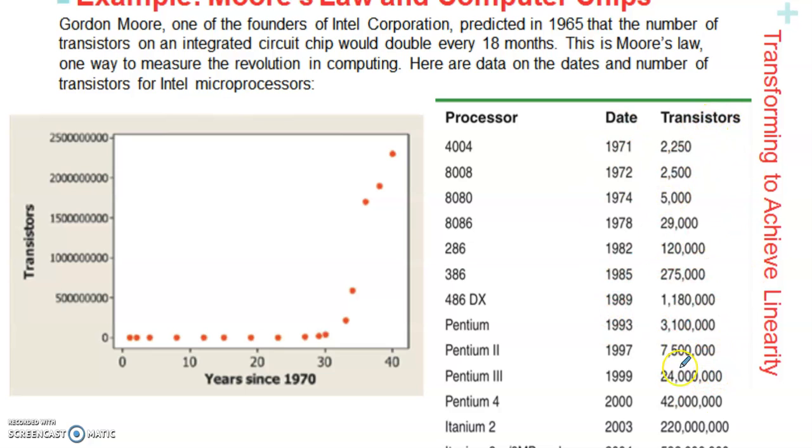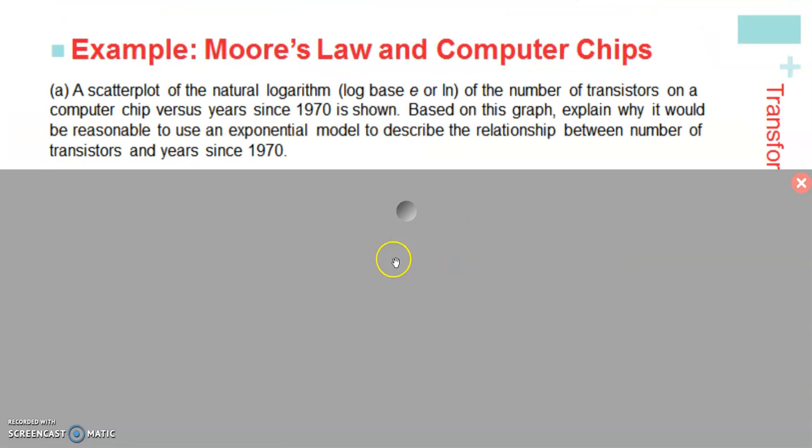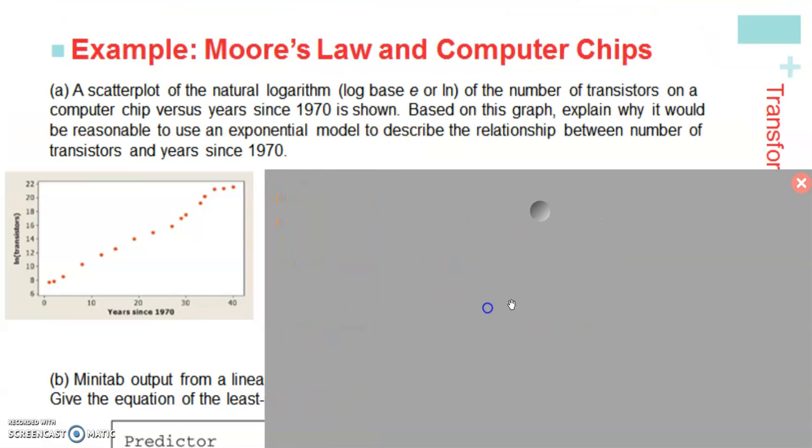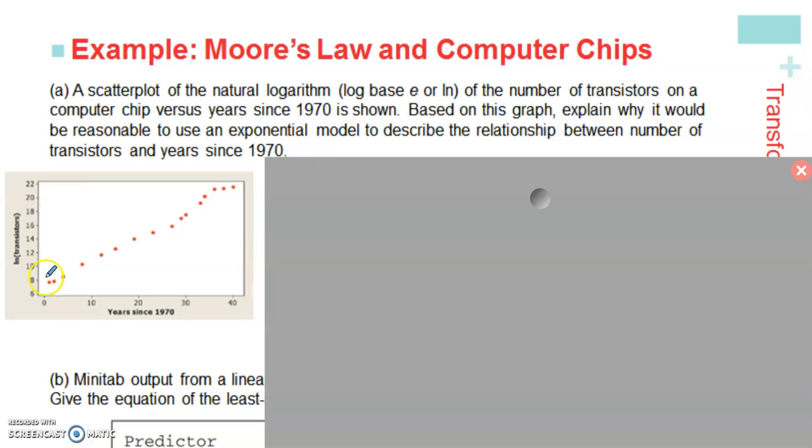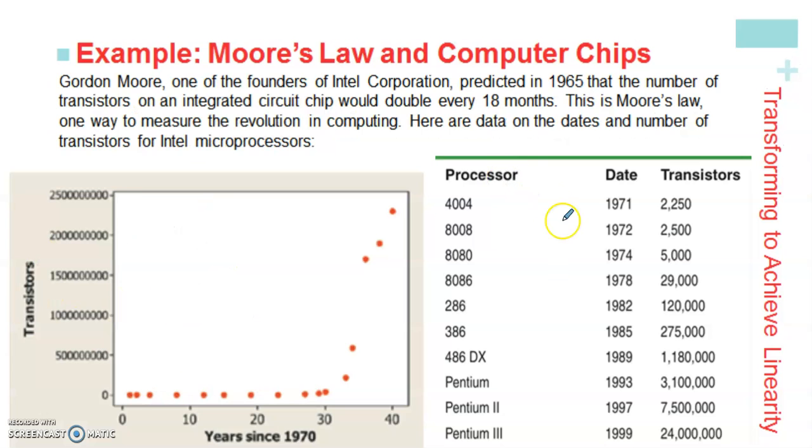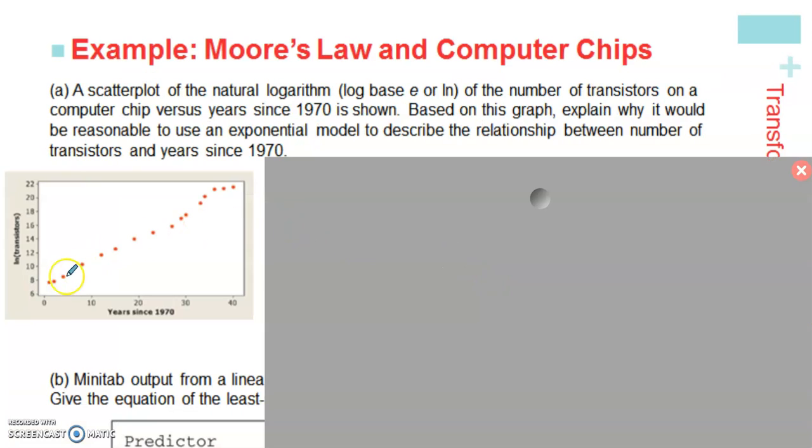When you do that, you get this scatter plot right here. So here's years since 1970, so instead of using these big numbers here, we just used the years since 1970, so this would be a 1 and a 2 and a 4 and so on. And then on the y-axis we have ln of the number of transistors.